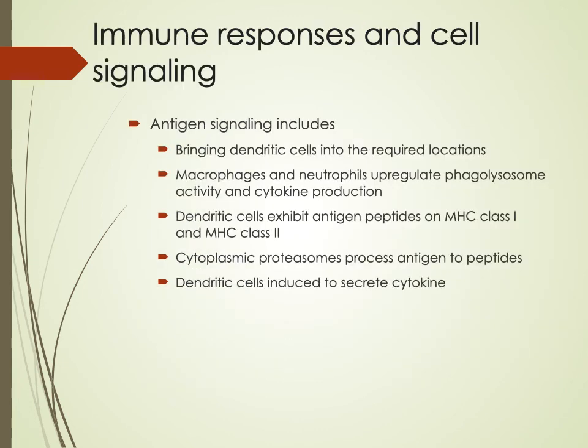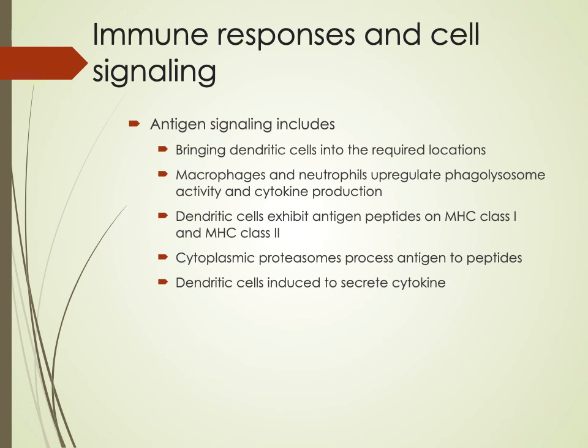So as mentioned, there can be many different effects that can happen when we have antigen signaling, right? When antigen binds to the receptor, some of the different effects we might have is that it will actually cause dendritic cells to move to the required location where they're needed. Macrophages and neutrophils can upregulate the phagolysosome activity. This is an important structure when we talk about phagocytosis, so it allows macrophages and neutrophils to undergo phagocytosis better.